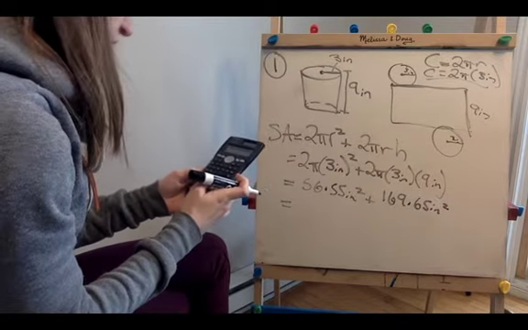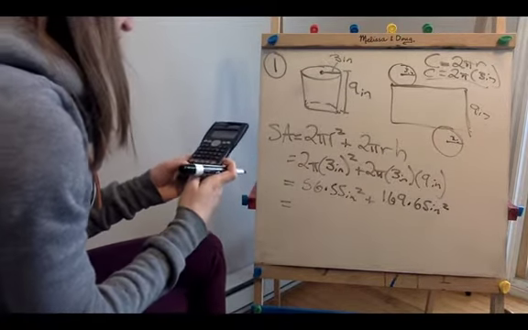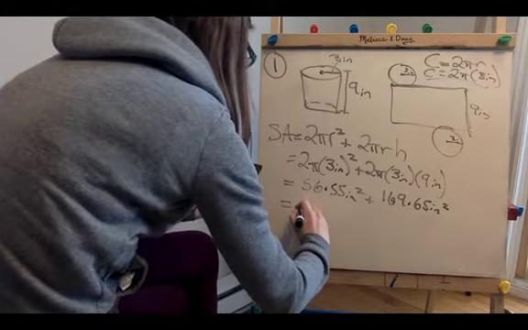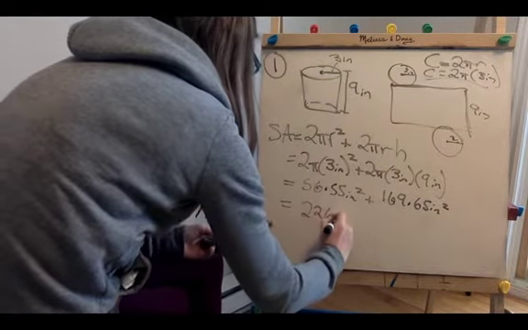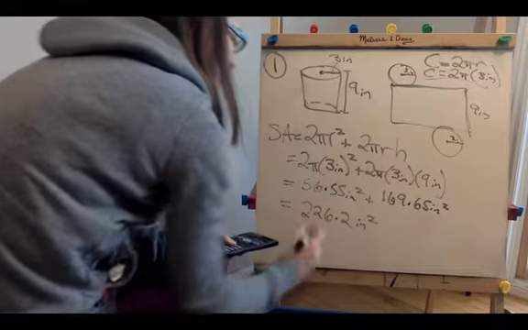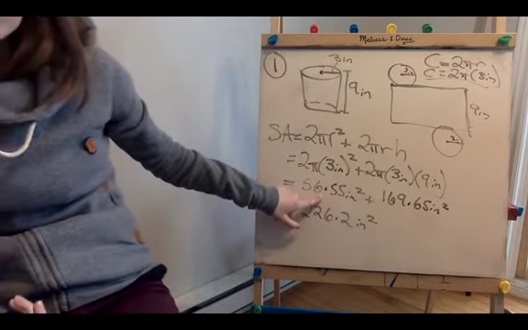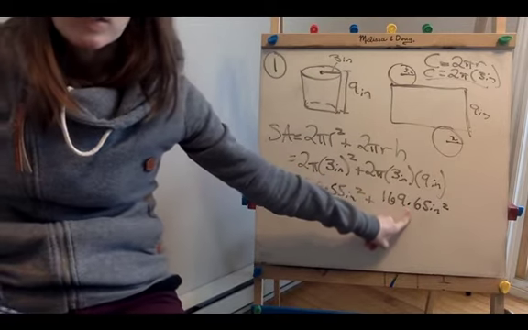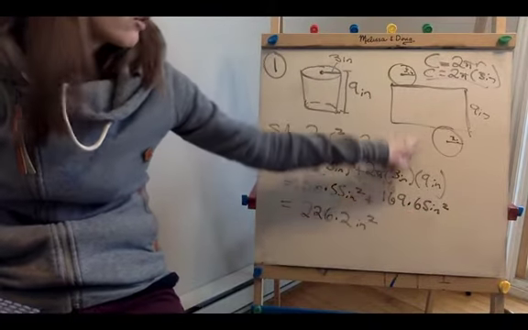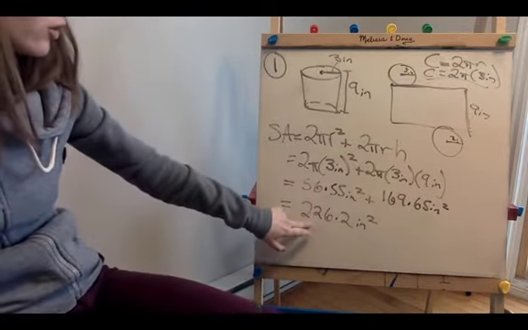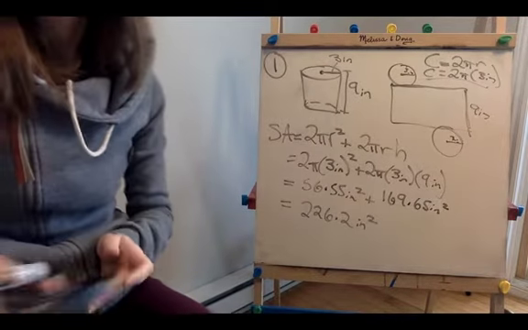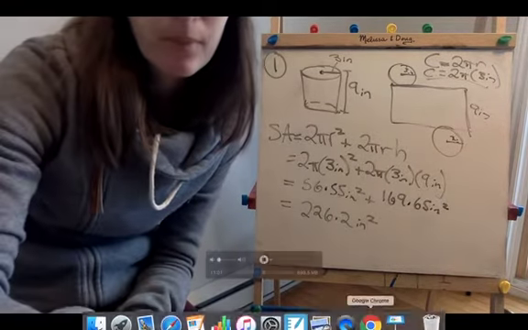So 56.55 plus 169.65, and we get 226.2 square inches. This part represents the 2 circles, and this part represents the lateral surface area, the around part, the rectangular part, and that's our total surface area of 226.2 square inches.